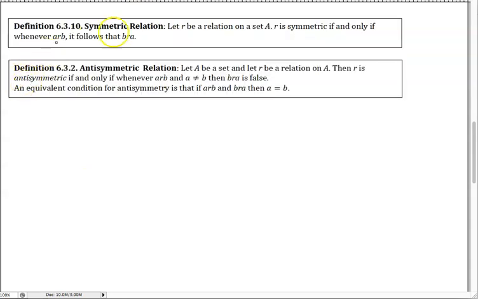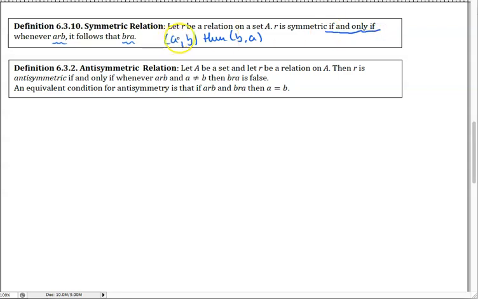Okay, so let's look at the next two properties of relations. Symmetric. So a symmetric relation says: let R be a relation on the set A. R is symmetric if and only if, whenever (a, b) is in R, it follows that (b, a) is in R. Okay, so this tells you that if (a, b) is in the relation, then (b, a) is also in the relation, and vice versa, if and only if.